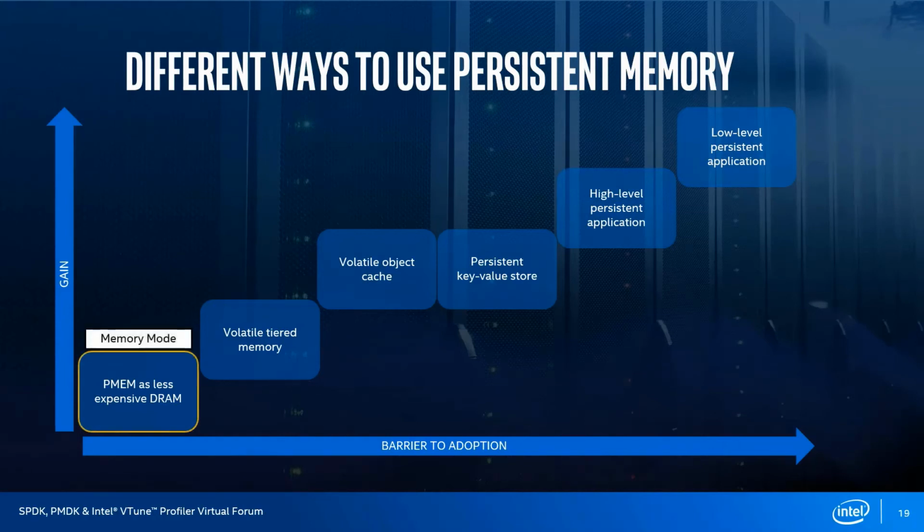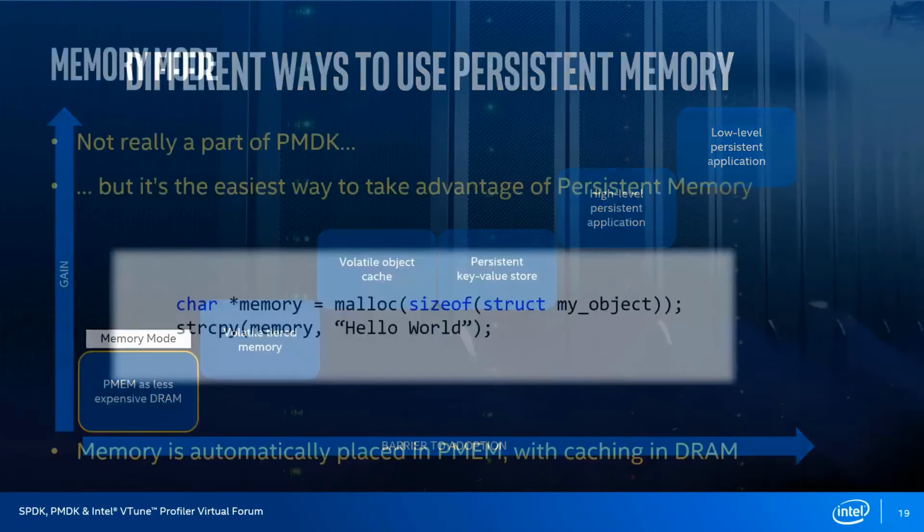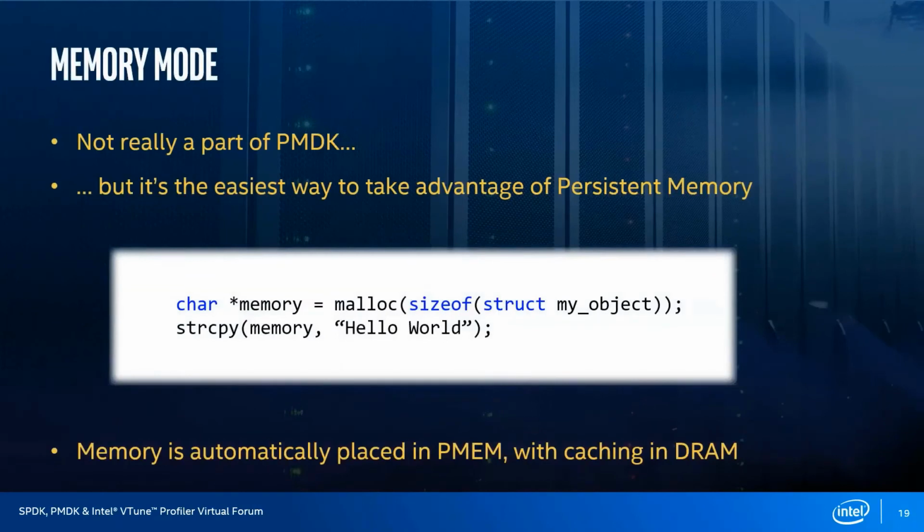For example, memory mode, which isn't really a part of PMDK, is just a different mode that you can use the Intel Optane persistent memory system with. It exposes PMEM as just memory, and you can just use it with malloc.